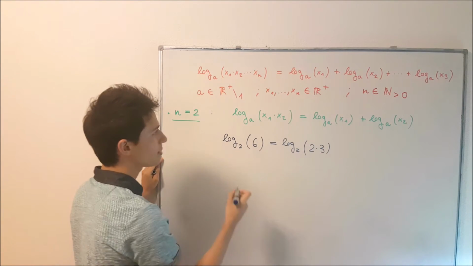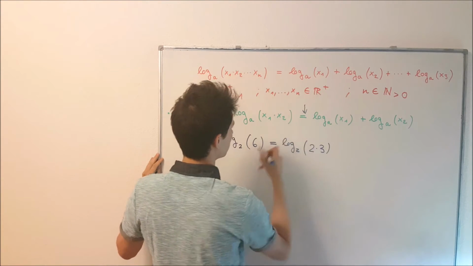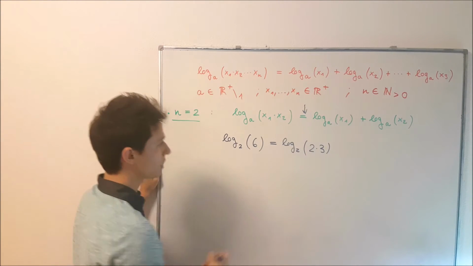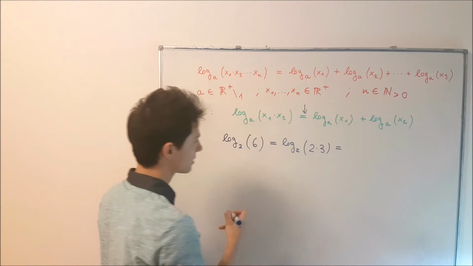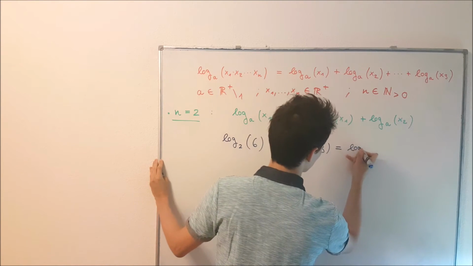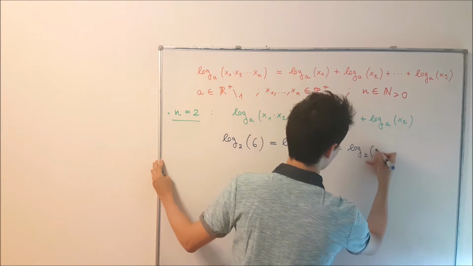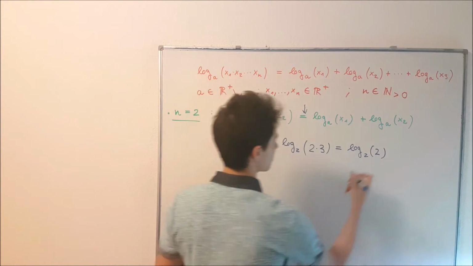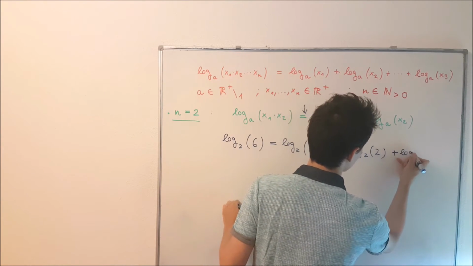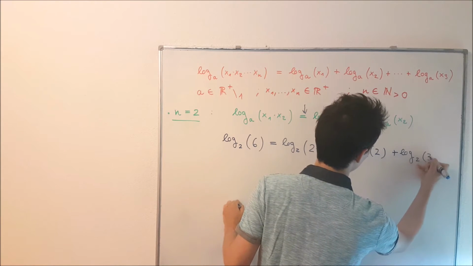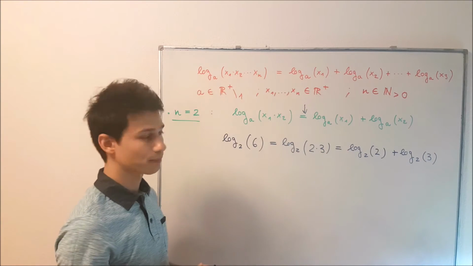And then let's just simply use this product rule now, and we can rewrite this as the log to base 2 of the first factor 2 plus the log of the second factor 3.